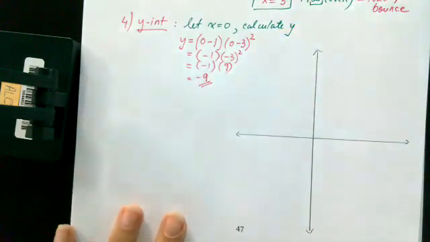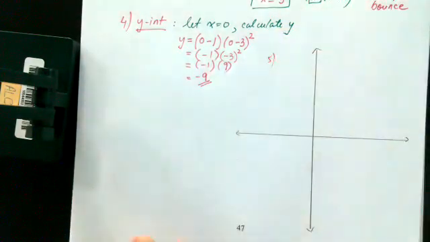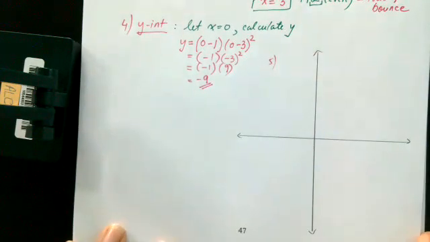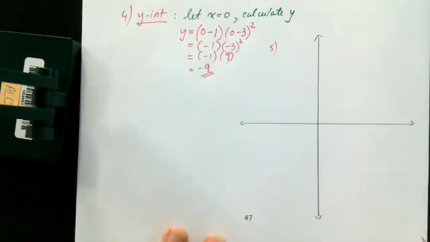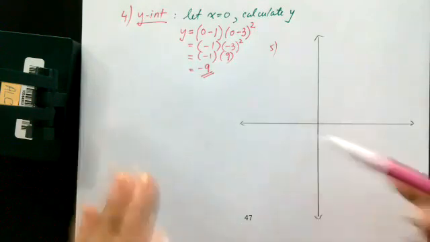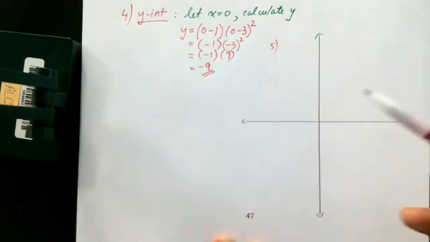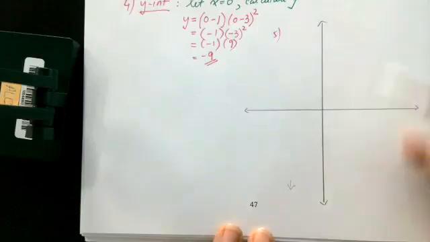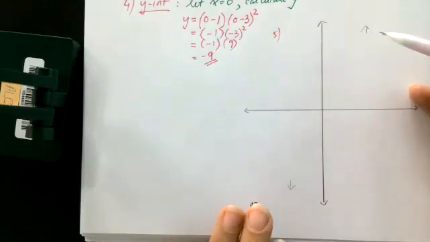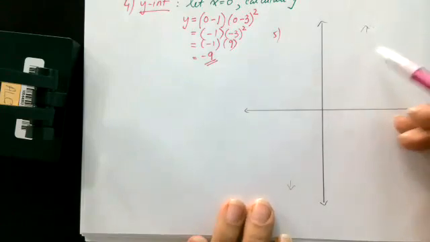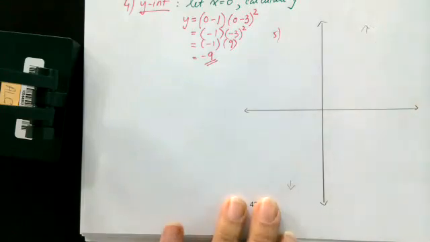That would be step 5, which is putting on the Cartesian plane everything you have up to now. Starting from the first step, we have the shape and the end behavior. I wouldn't put the shape because I don't know yet how to unite everything, but I will put an arrow here and an arrow there because I know that's how my graph should end. Sometimes you have to erase these arrows, which is why it's good to work in pencil.